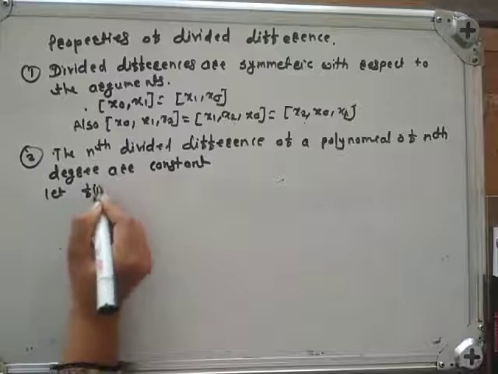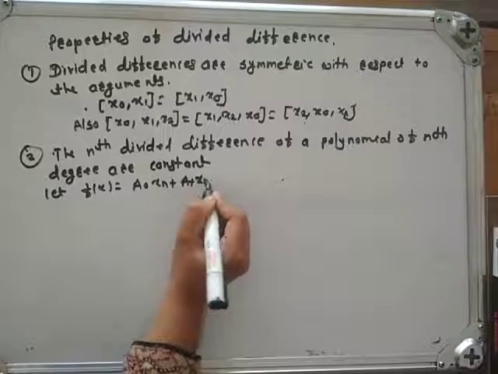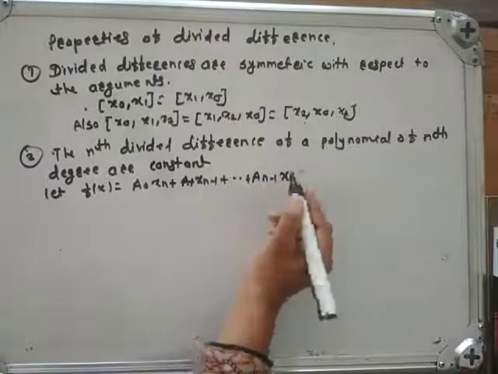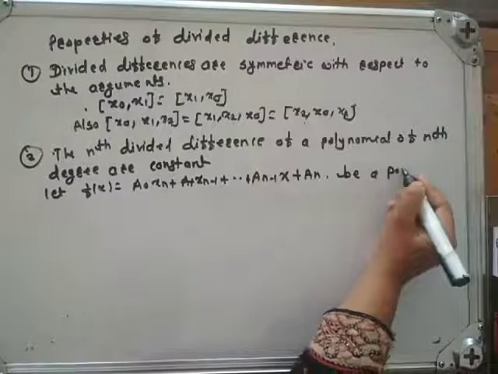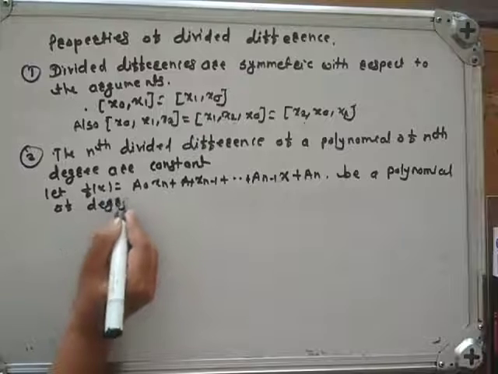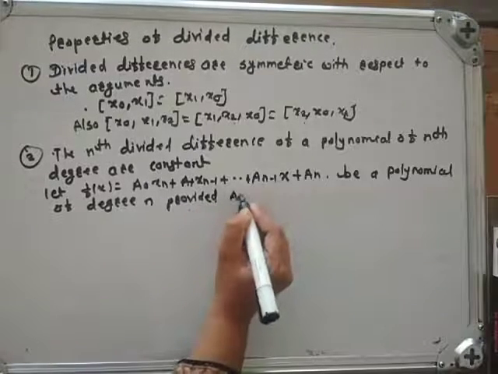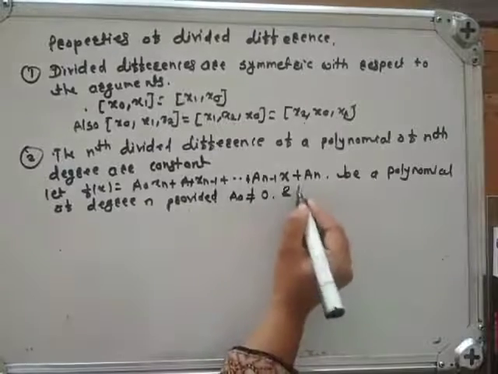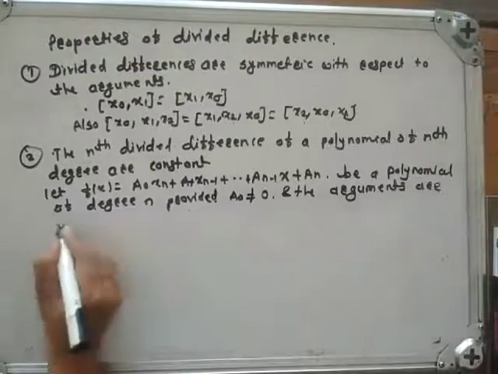Let f of x equal a0 x^n plus a1 x^(n-1) plus, and so on, up to a(n-1) x plus an, be a polynomial of degree n, provided a0 is not equal to 0 and the arguments are equally spaced.